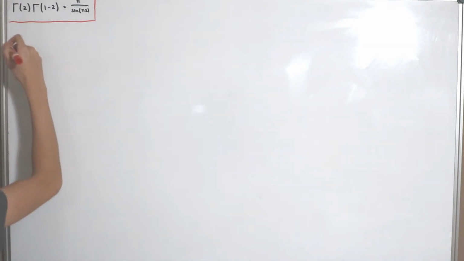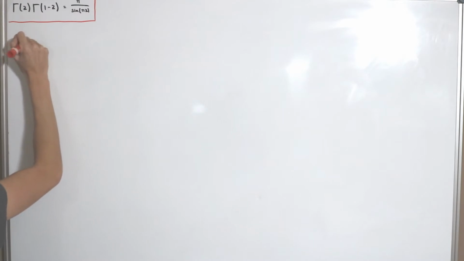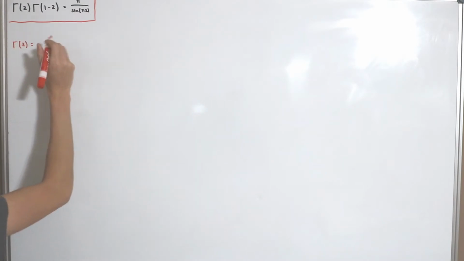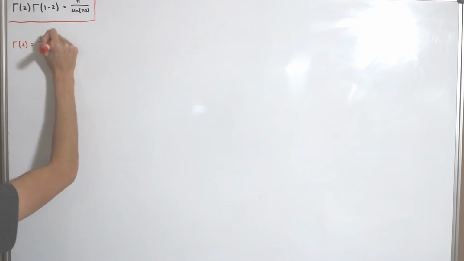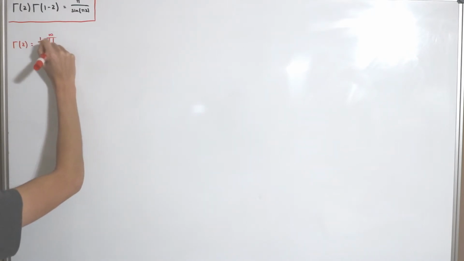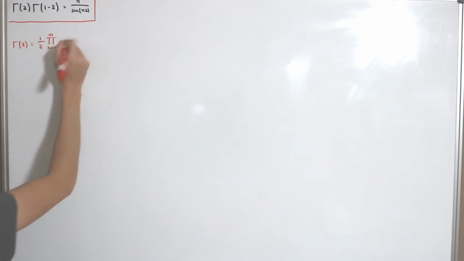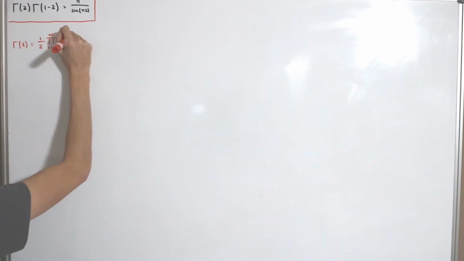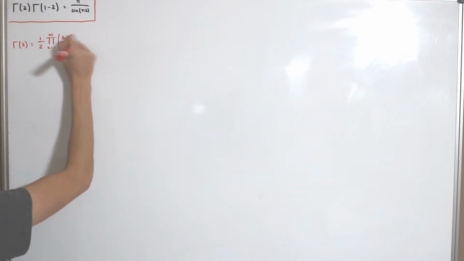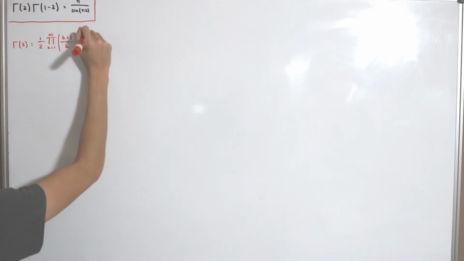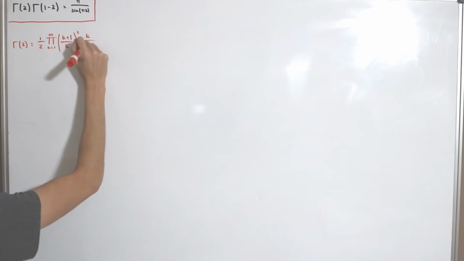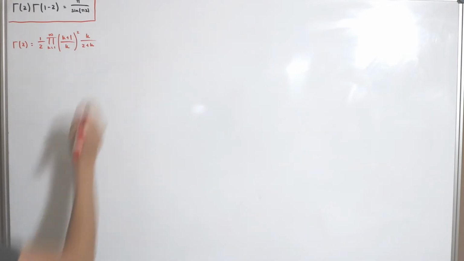So gamma of z is defined as 1 divided by z multiplied by the infinite product from k equals 1 to infinity of (k plus 1 divided by k) to the power z, multiplied by k divided by z plus k.